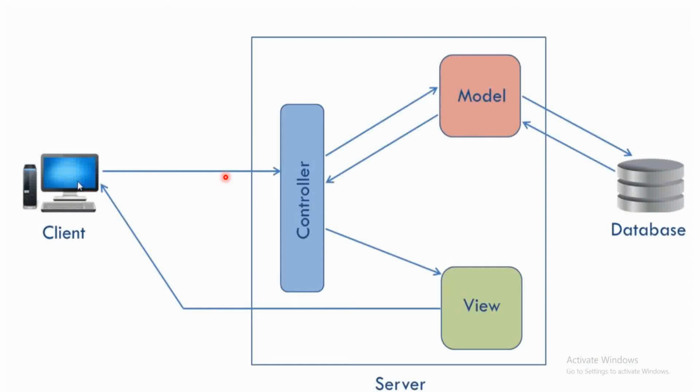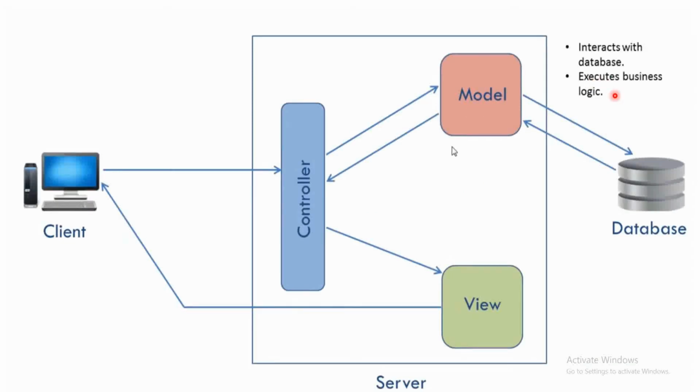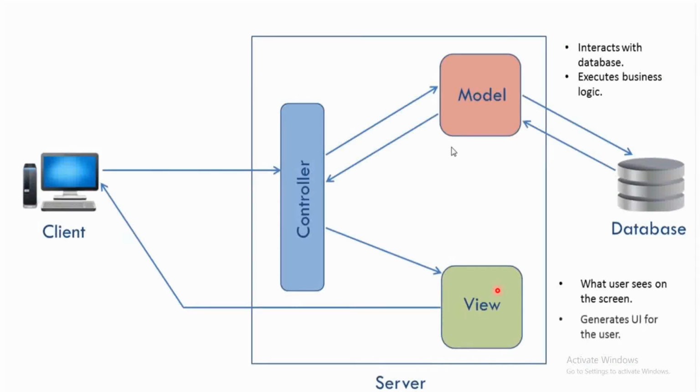Now each of these three components has some specific responsibility. Our model interacts with the database, and it is also responsible for executing business logic. So our model basically deals with data. Then our view is what the user sees on the screen.